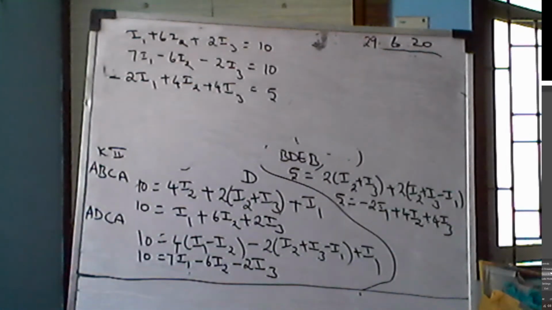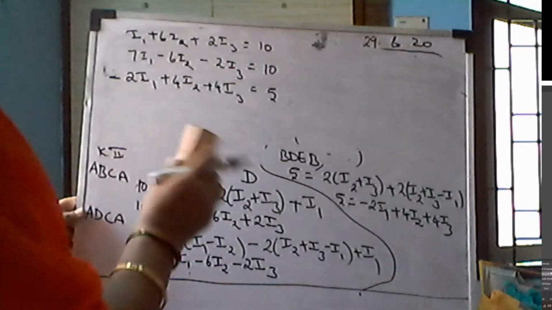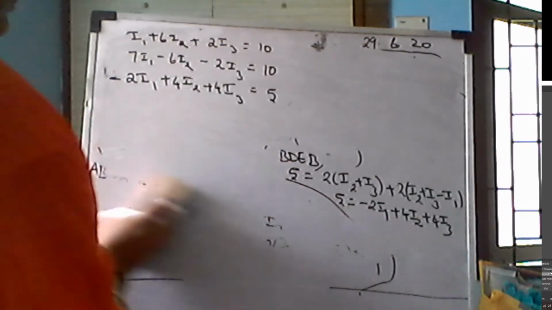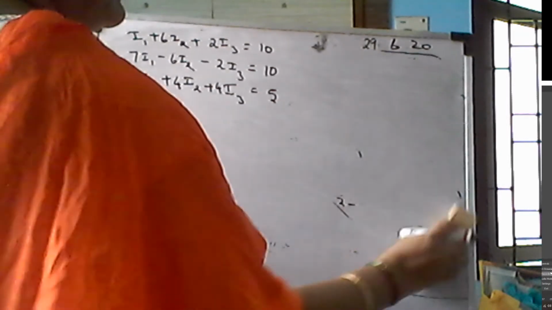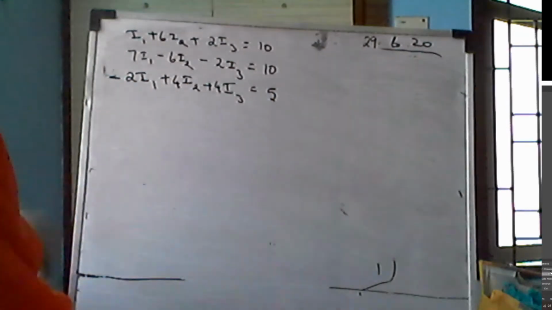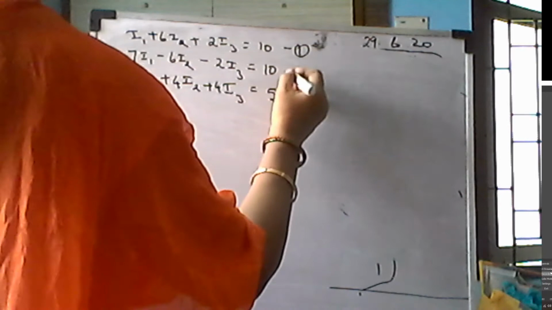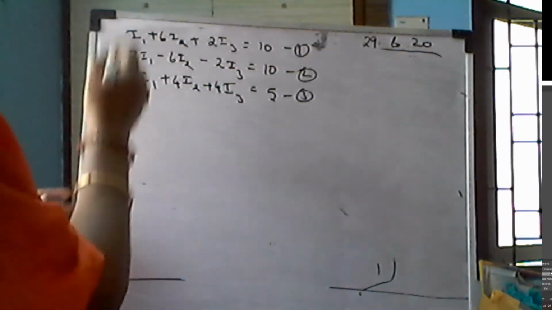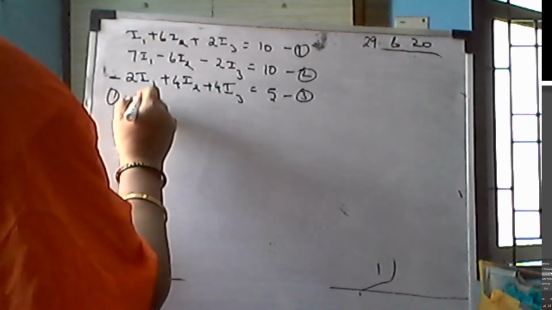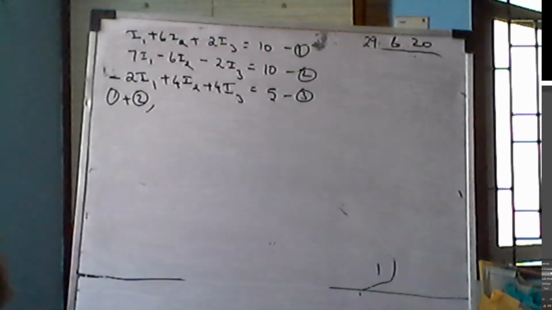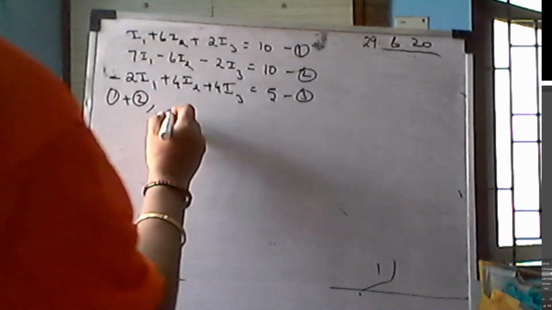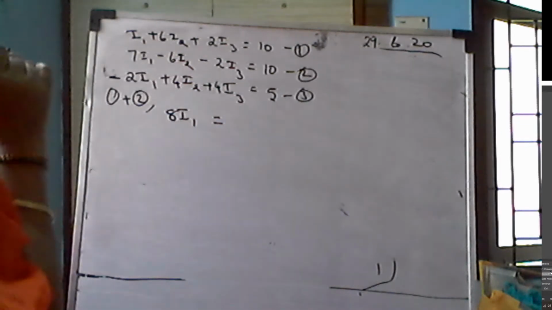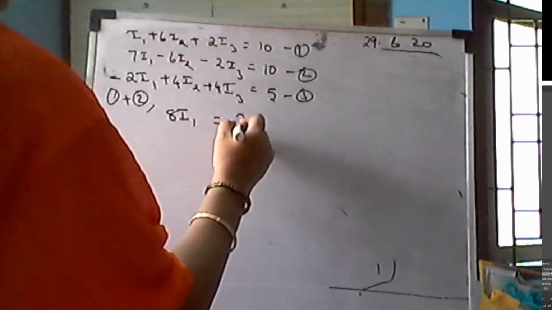So first equation plus second equation, you are getting 8I1 equal to 20, as the 6I2 cancels and the I3 also cancels.